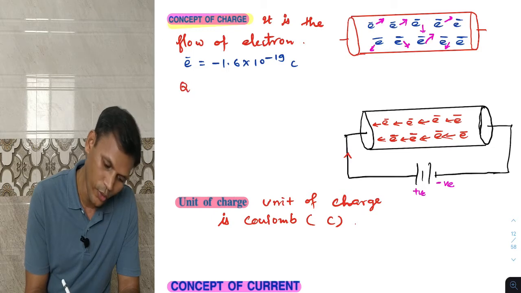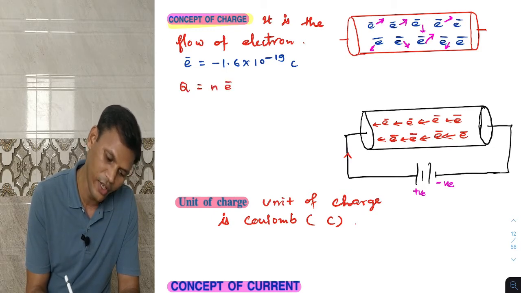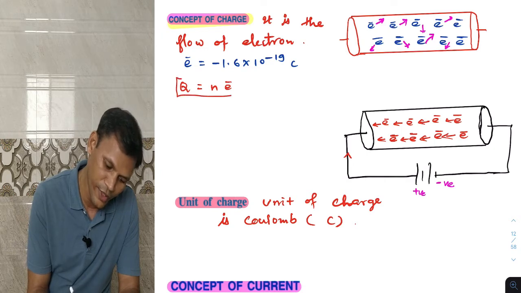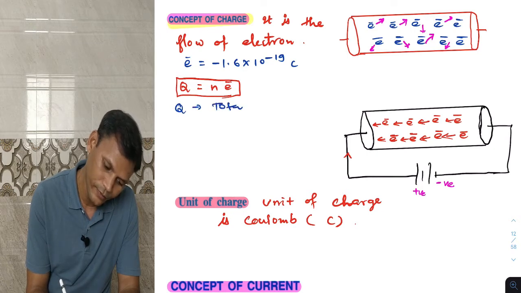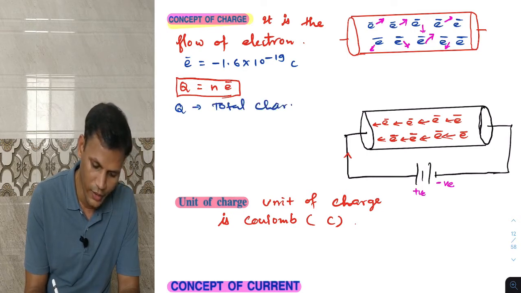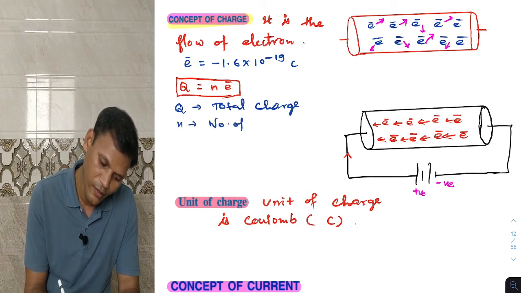So Q is the number of electrons into the charge on each electron. The terms must be clear. Q is the total charge. n is the number of electrons.